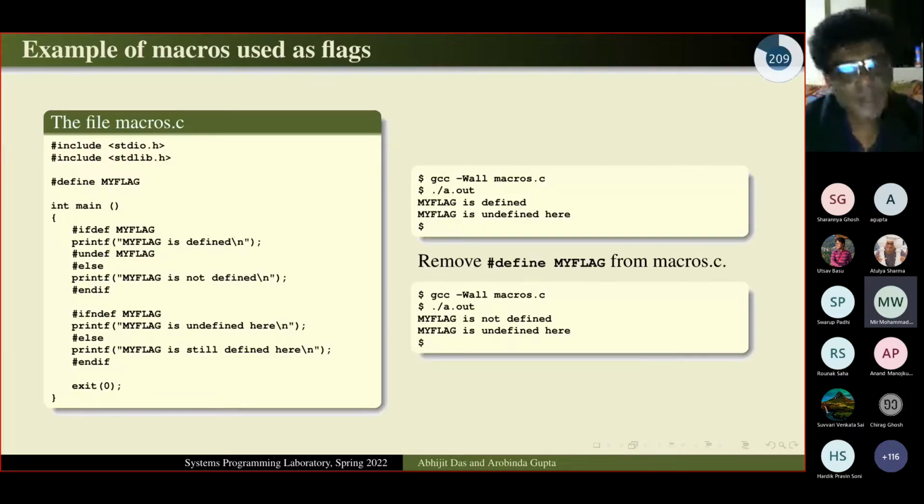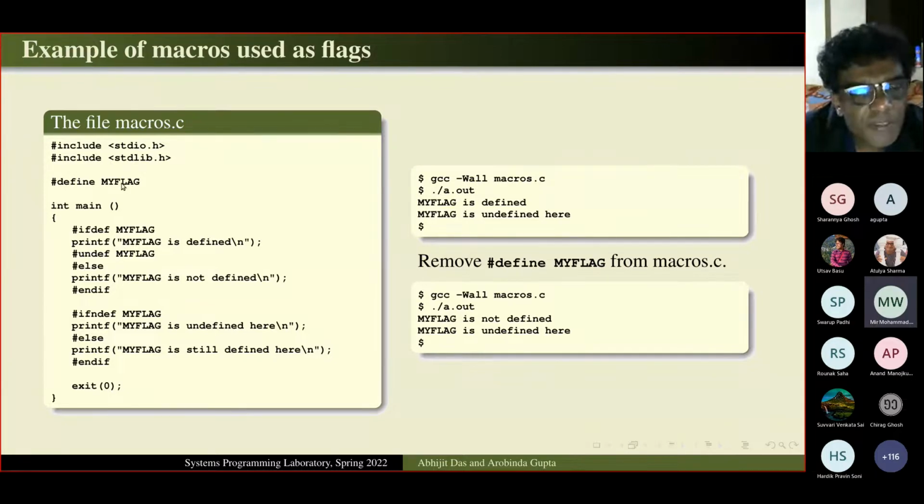Now let us look at an example. It's a synthetic example, but it illustrates what you can do with those primitives. You define a flag in your code and let us give it the name myFlag. Inside your code, you say if this is defined, then print myFlag is defined, and you undefine it.